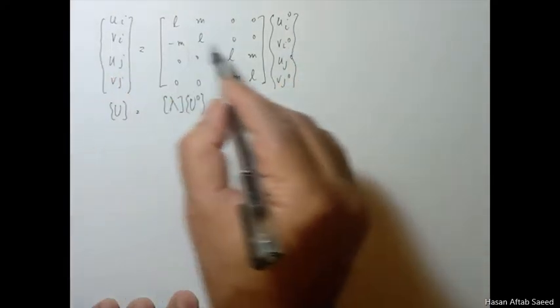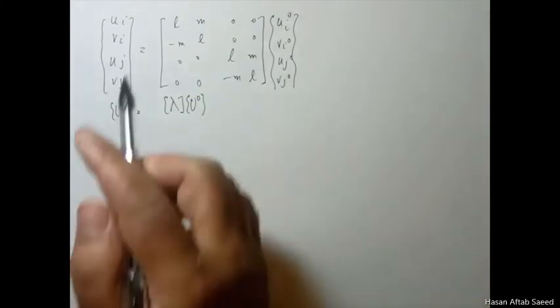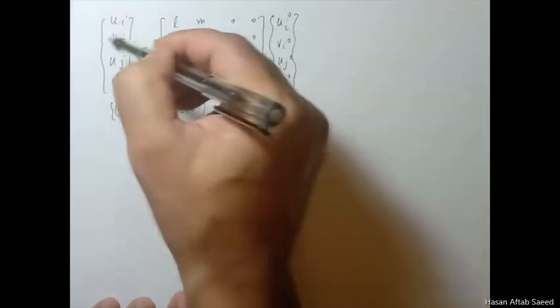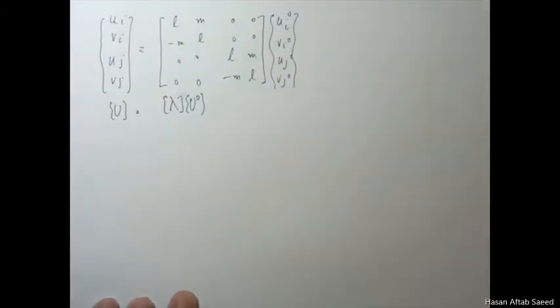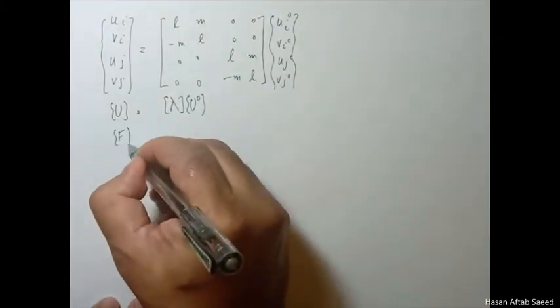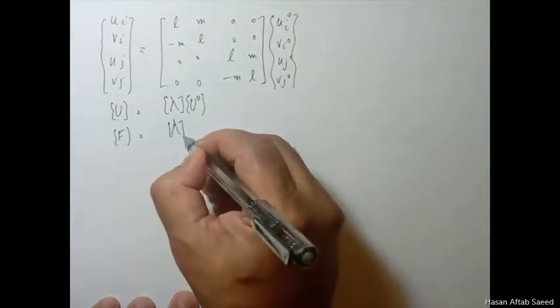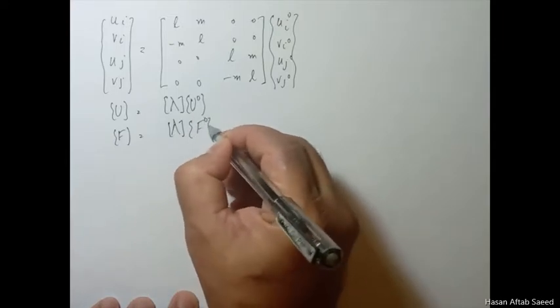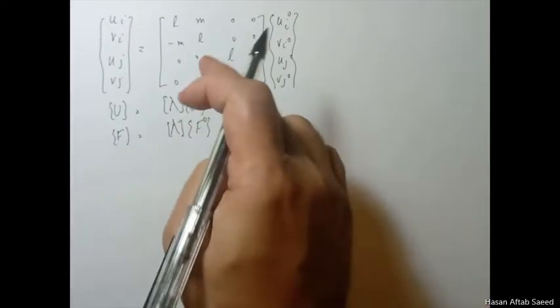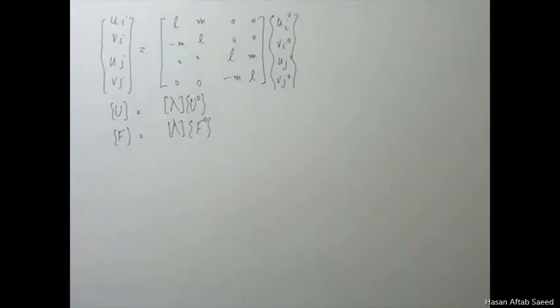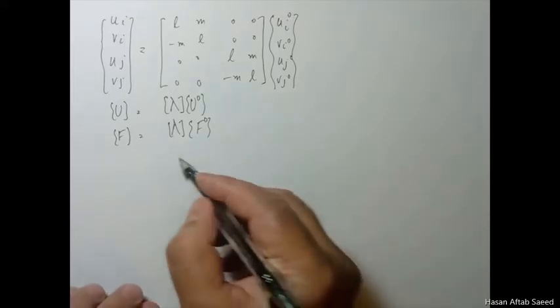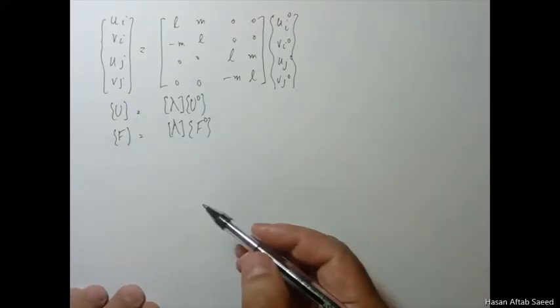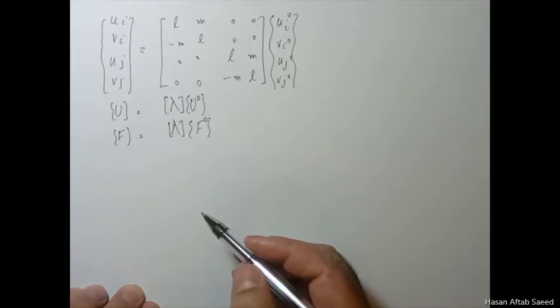Now if displacements are transformed from local to global, or in other words from global to local, using this lambda, it's very easy to say, and it would be correct to say, that forces, which are also vectors, because this transformation is vector transformation, it doesn't matter what vector it is, whether it's a displacement vector or a force vector, both should transform with the same equations. So we can also write it like this, because there will be forces also in the global system and the local system.